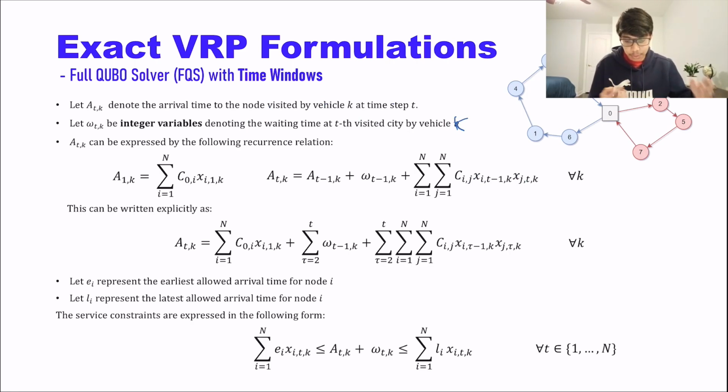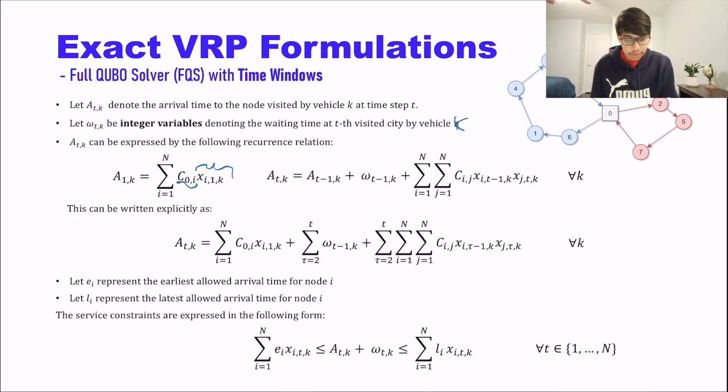And here's how we express A with the following recurrence relation. So obviously, at the first time step, a vehicle has gone from the depot to some node i. So that's why we have the cost from 0 to i, and we're summing over all of them. And in theory, only one of these possible x values will be 1 for a given vehicle k.